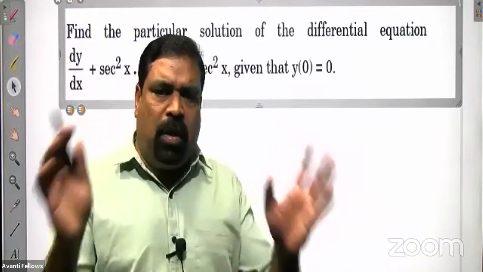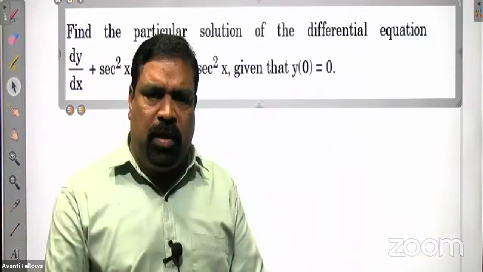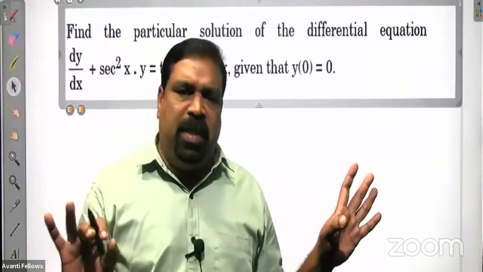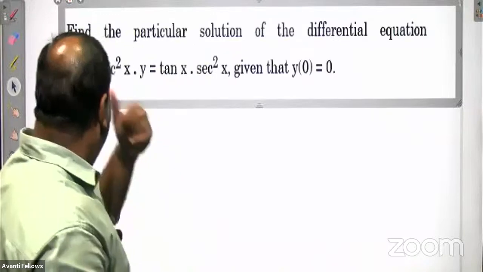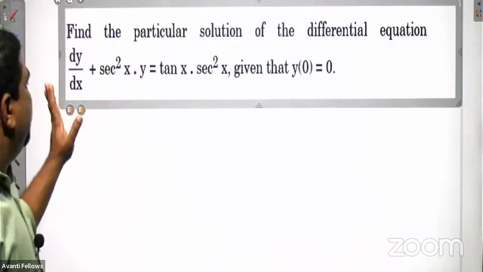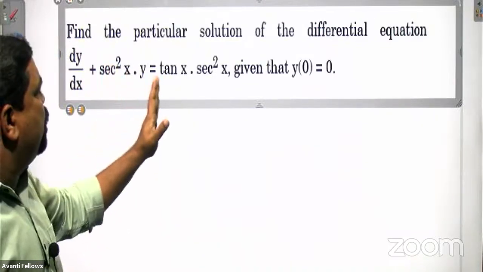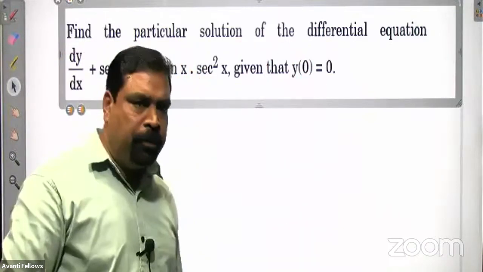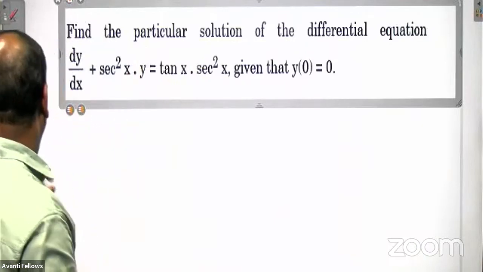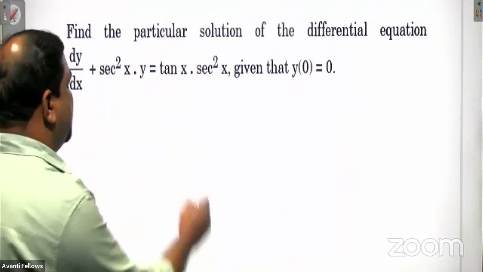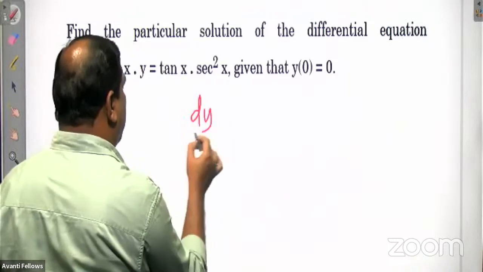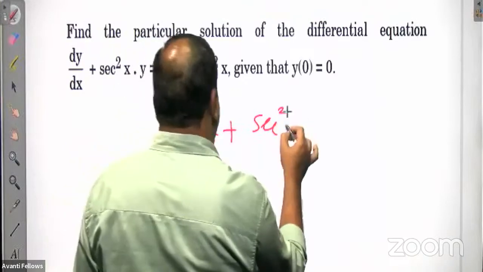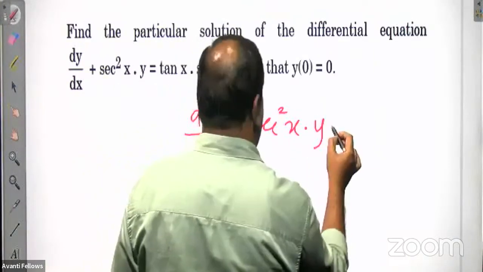I'm not going to discuss all those things; just directly we will do some problems from this area. Now look at this question: dy by dx plus sec square x into y is equal to tan x sec square x, given that y of 0 is equal to 0. So the given differential equation is this one.